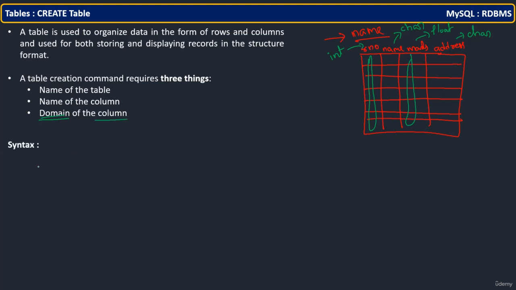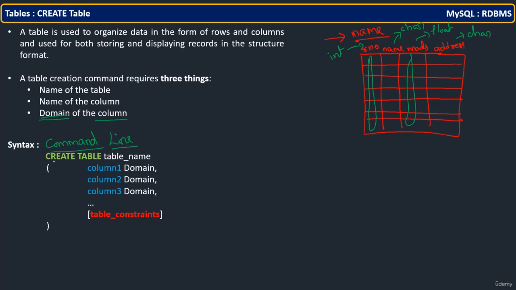Now if you see the syntax, this is especially command line syntax, because by using MySQL Workbench you can also create a table, but let us try to understand the command line. Creating by using MySQL Workbench is very simple. Here you can see CREATE TABLE. This is the keyword you must use: create, and what you are creating, a table, and that table must have a name.